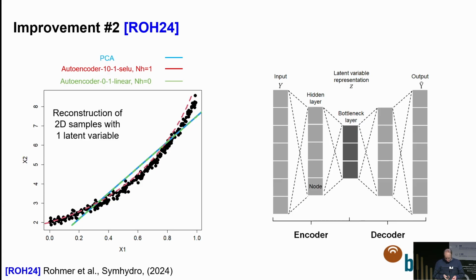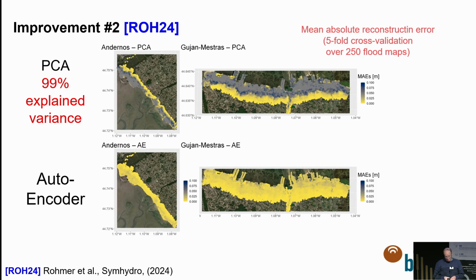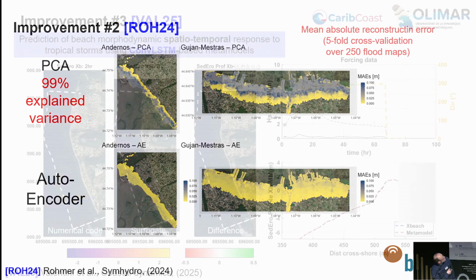So from that, we tried to implement that on our cases. So that's another case, that's Arcachon again. But I wanted to illustrate the added value of doing nonlinear dimension reduction techniques. So on the top, you have the answer with PCA with 90% of explained variance, so a lot of variability explained by the PCA.